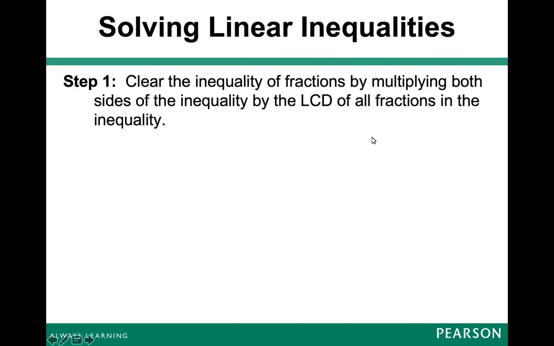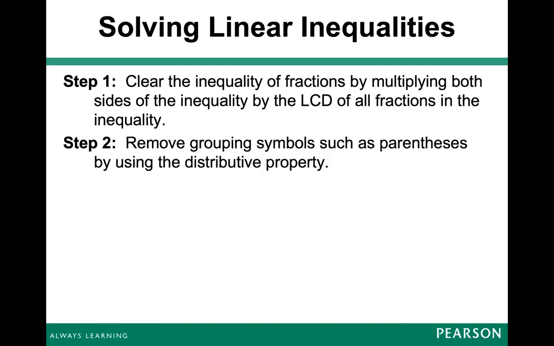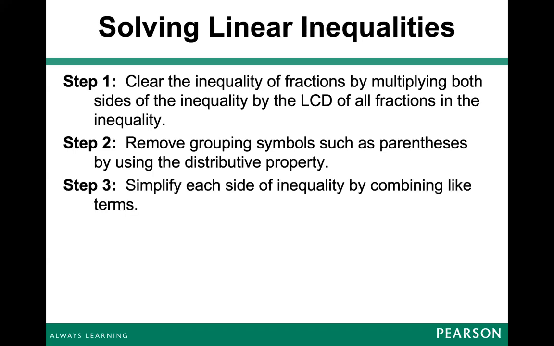All right. So the steps for solving linear inequalities are just like the steps for solving equations. Step one, if you have fractions, it's a good idea to clear the fractions by multiplying both sides of the inequality by the LCD. Step two is to remove grouping symbols, such as parentheses, by using the distributive property. Step three, combine like terms on the left side, combine like terms on the right side.